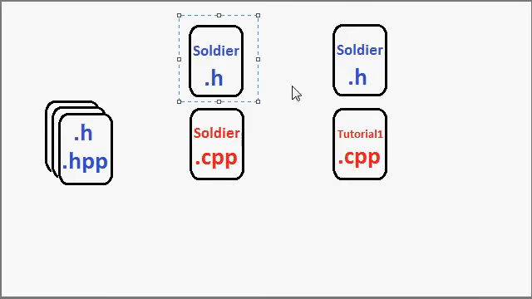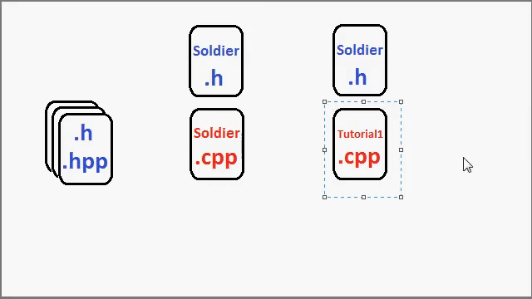Then we go ahead and include it again in this other translation unit, in this other source file, only for the purposes of beginning to use the class, and the compiler will allow us to do that because it's already declared. The only thing is that it needs to be defined, and the compiler will wait until it comes across the definition of the soldier class. Again, every source file is its own separate world.